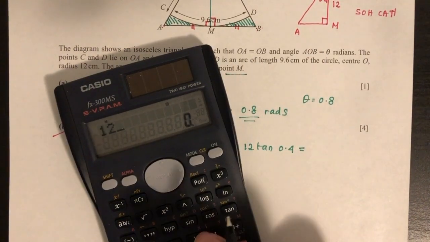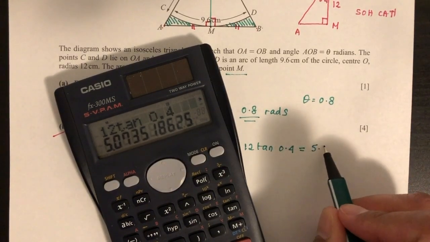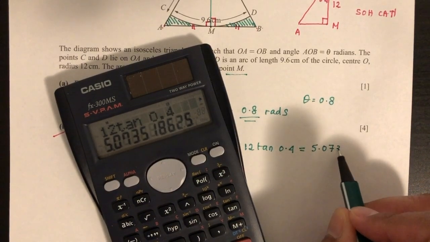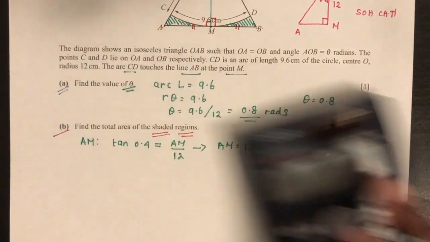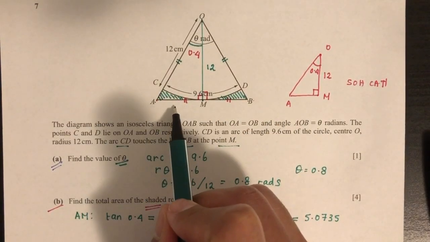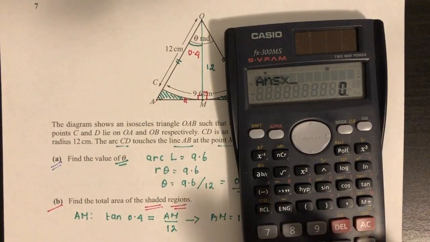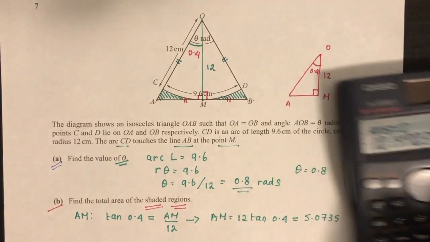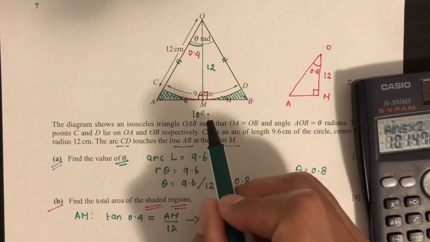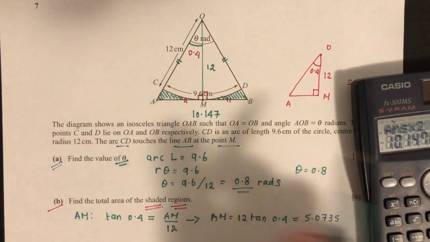So 12 tan 0.4, that will be 5.0735. So that is the size of AM. Now what is AB? AB will be AM times 2, which will be 10.147. That's the length of AB.